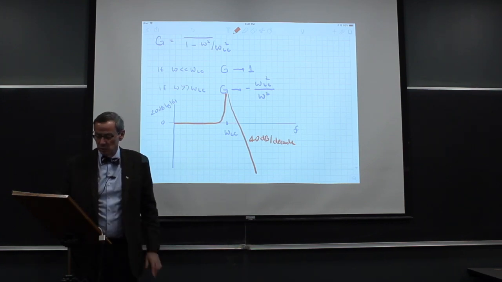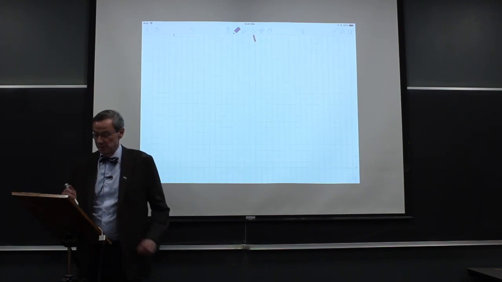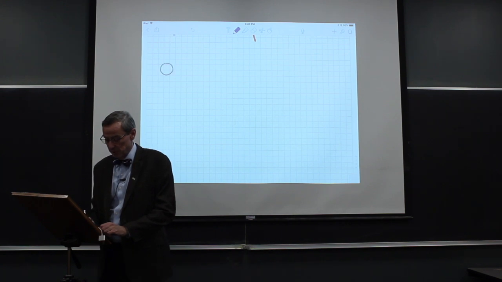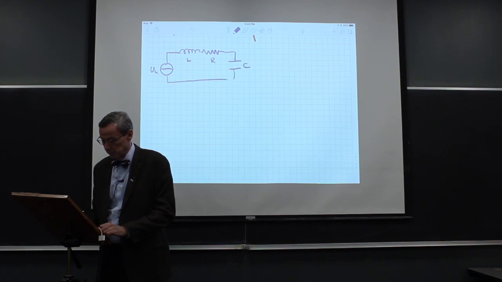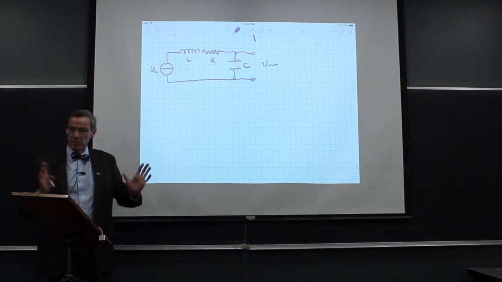We'd now like to extend this a little bit and add the resistor. Let's change that circuit ever so slightly. We'll have our input voltage, our inductor, and we'll put a resistor there. We'll have a capacitor here, and we will continue to take the output across the capacitor.